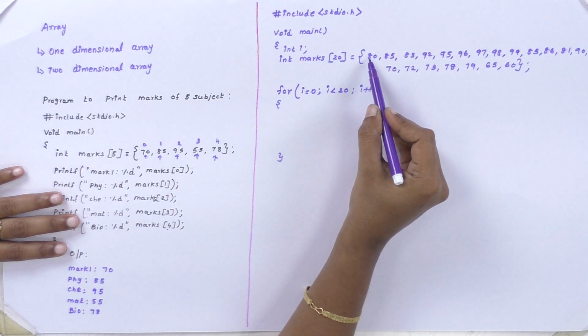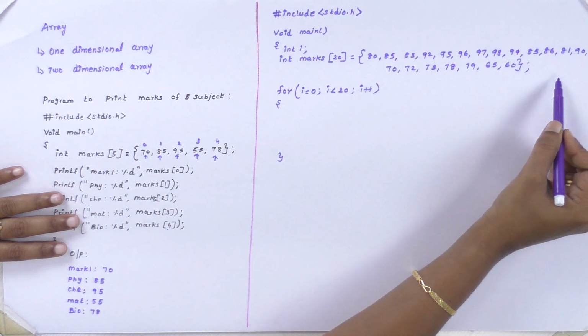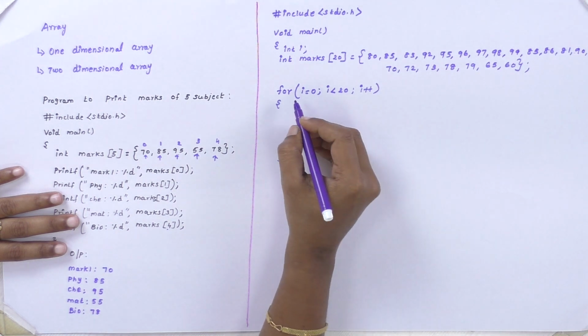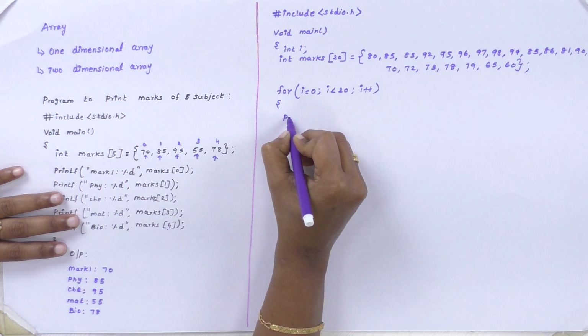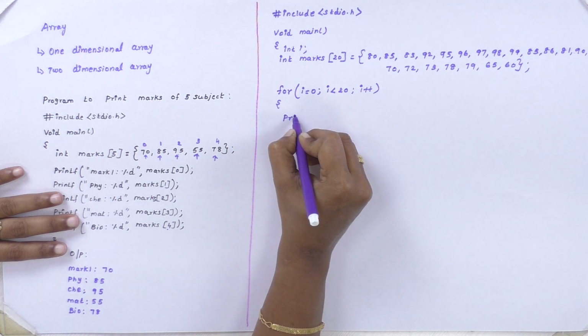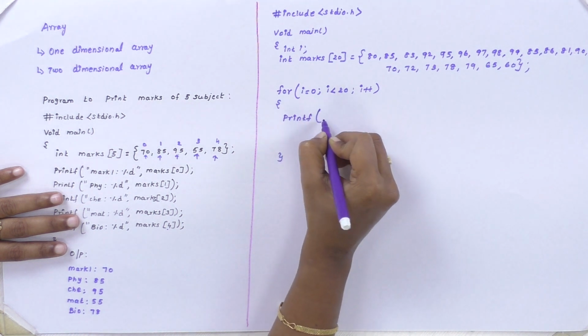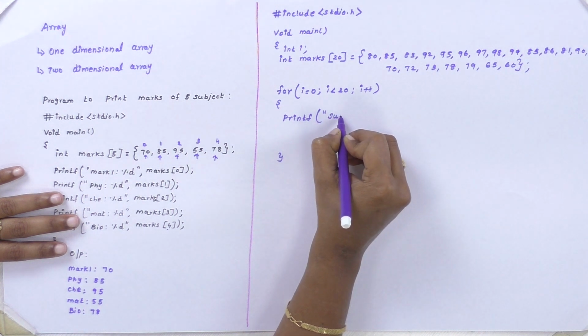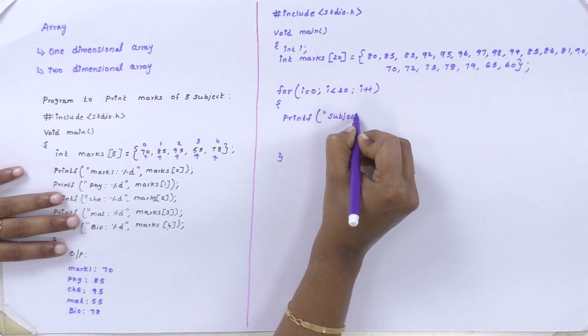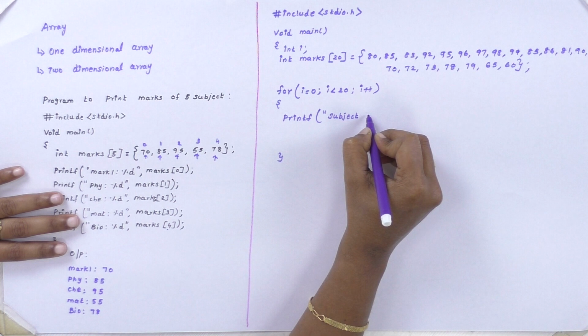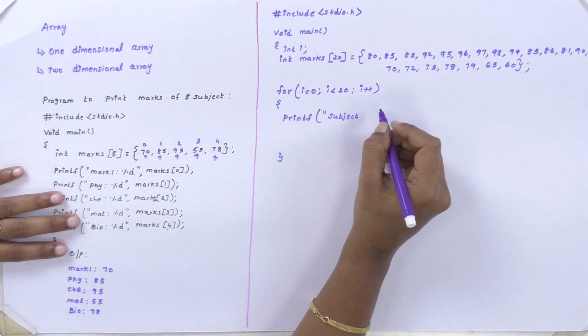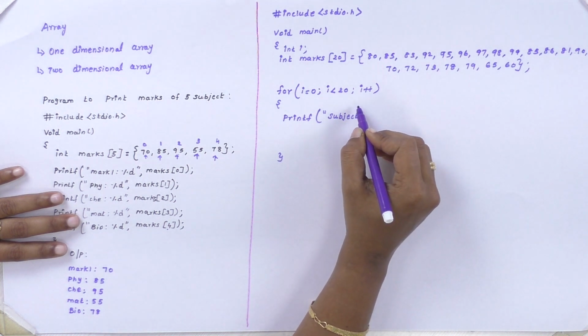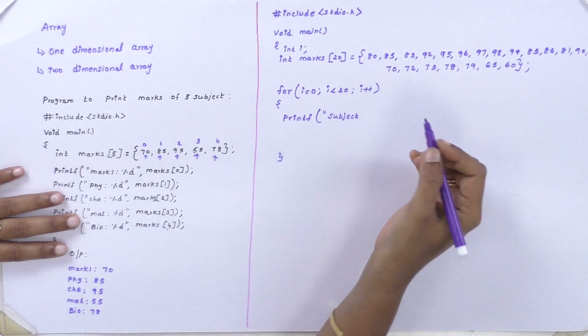So now I am going to print each and every value in the variable marks. So printf, subject. I am going to specify subject 1, subject 2, subject 3 like that.